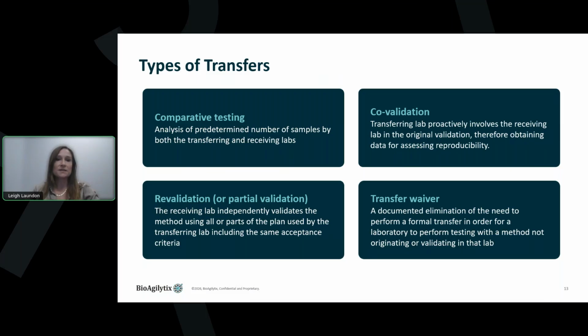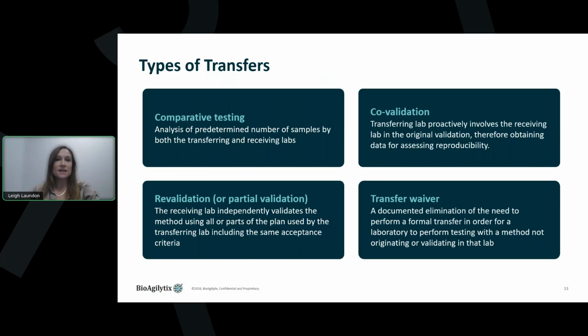Another option is co-validation. So if your assay is ready to maybe move up from an early phase to a late phase, you may do a co-validation at both sites so that you can validate it for a later phase in the sending lab and then also validate it at the receiving lab. So both sites will be involved in the validation process.